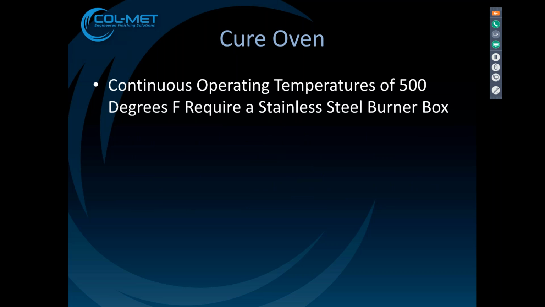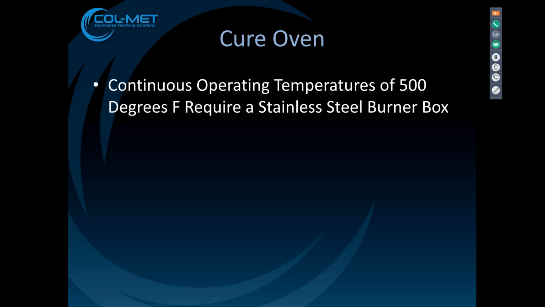Cure oven, we need to pay attention to the weight of the part and understand what the load's going to be, a full load in the oven, so that we can engineer our oven with the appropriate burner BTUs to raise that product to the temperature it needs for cure.